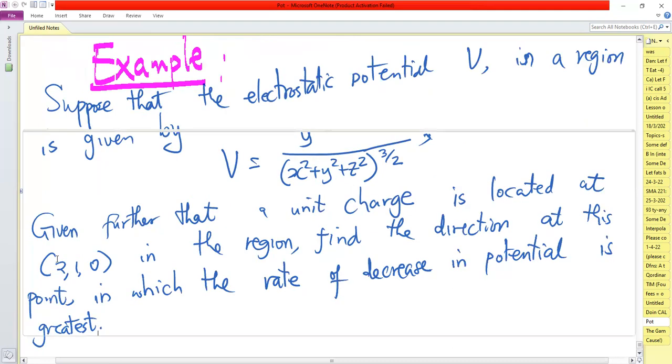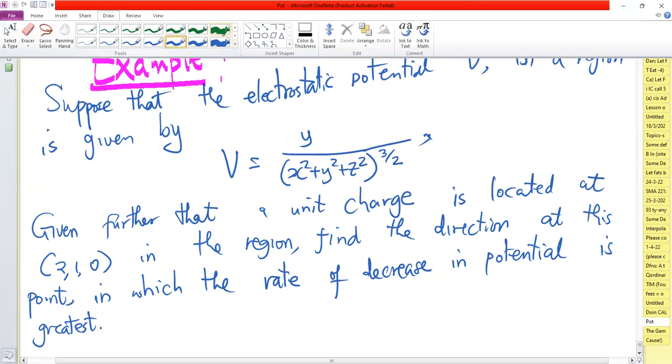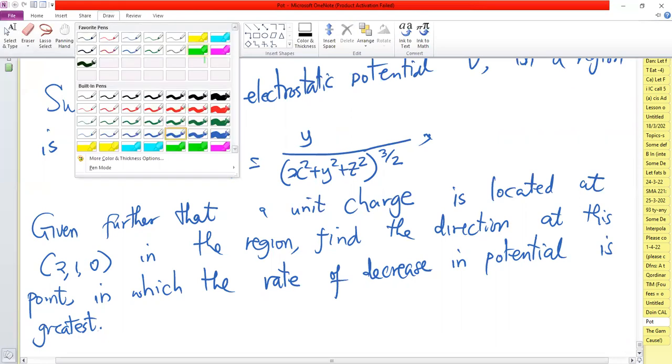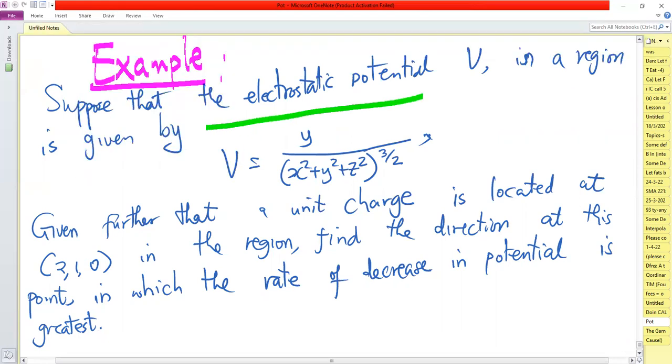There's a problem: suppose that an electrostatic potential V in a region is given by this function, and that a unit charge is located at the point with coordinates 2, 1, 0 in this given region.